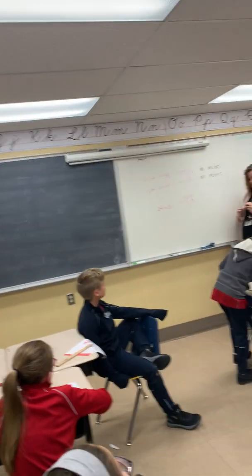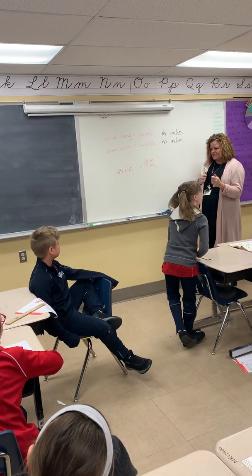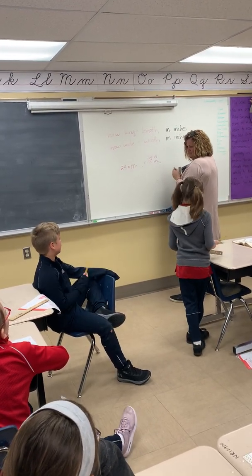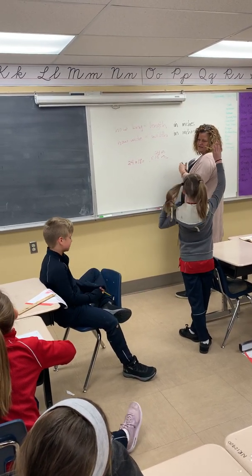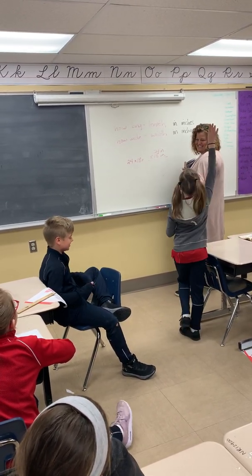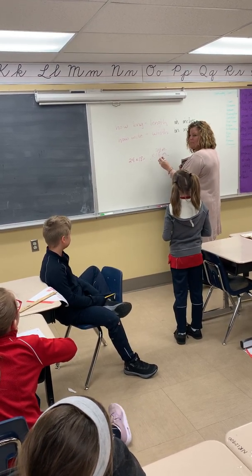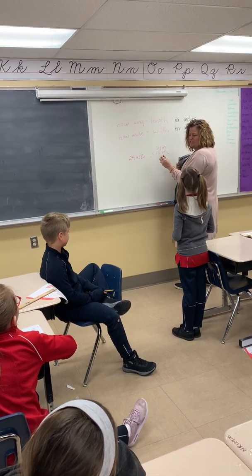If you multiply 2 digits by 2 digits, it's a big number, right? What's 8 times 4? Let's skip count. 8, 16, 24, 32.